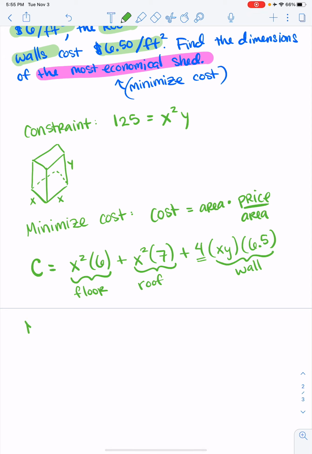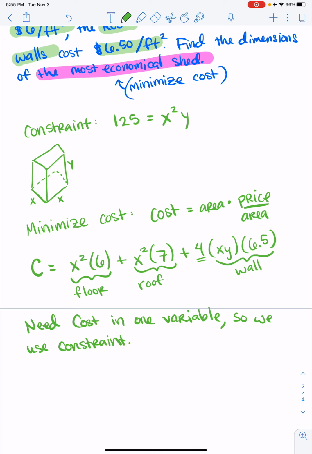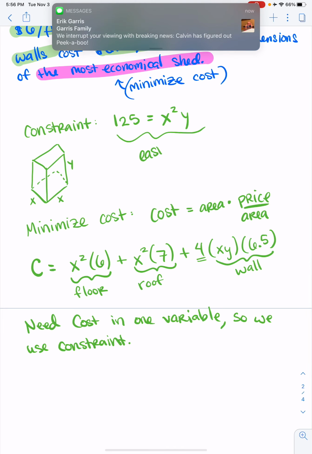Next thing, we need cost in one variable. So we use the constraint. The other way you could think about this is like 2 equations and 2 unknowns. In this case, I would say it's easier to solve for y.